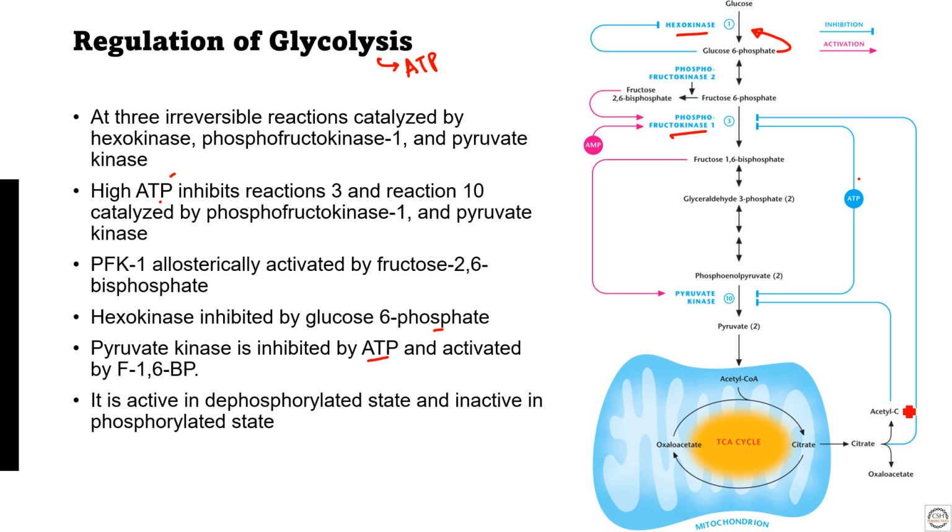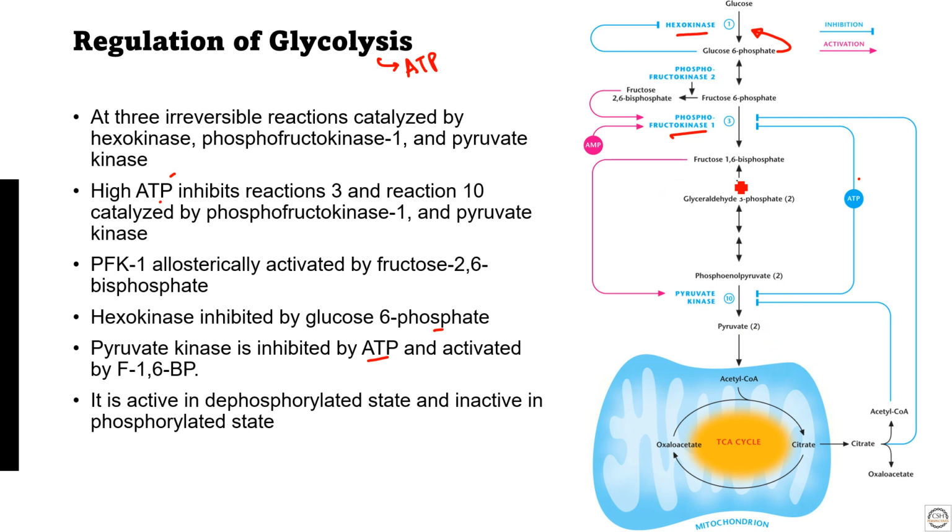One is acetyl CoA, which is produced in the citric acid cycle, and it also inhibits pyruvate kinase. If ATP is no longer required, glucose is no longer required and the TCA cycle is also not required, so acetyl CoA will inhibit pyruvate kinase and prevent the formation of pyruvate.